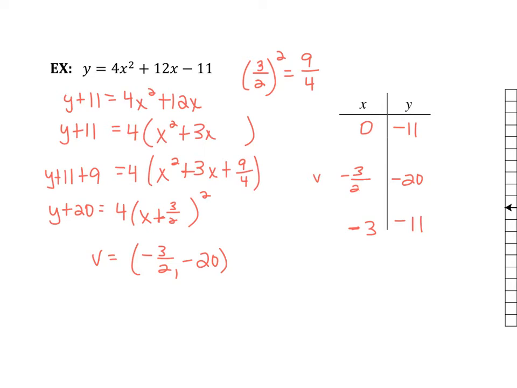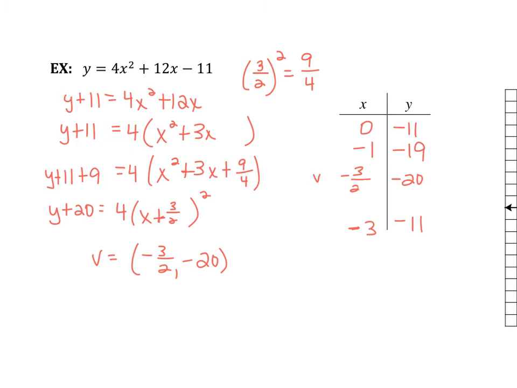All right, and then if we do pick some other values for x to plug into the original function, actually I should say, you can plug these into the original function or you can plug them into the vertex form of that particular function since we rewrote it. Whatever works out better in your opinion. But let's pick another couple of x values. So let's say we pick negative 1 for x and we plug it in to either format. We're actually going to get that the value is negative 19.